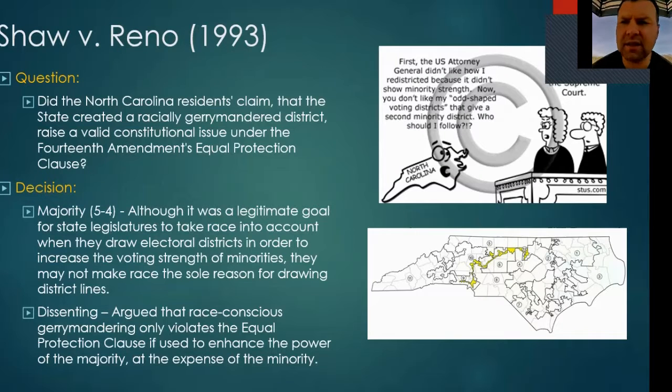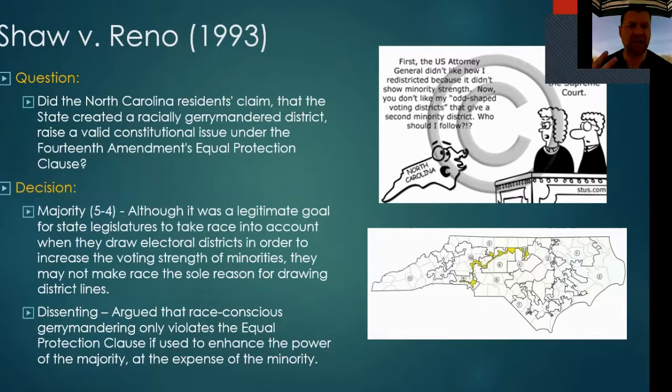Shaw versus Reno, 1993, a North Carolina case, looked at a specific district. District 12 at that time was drawn to pack African American voters into a district.